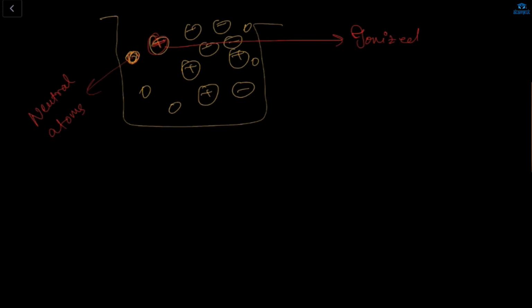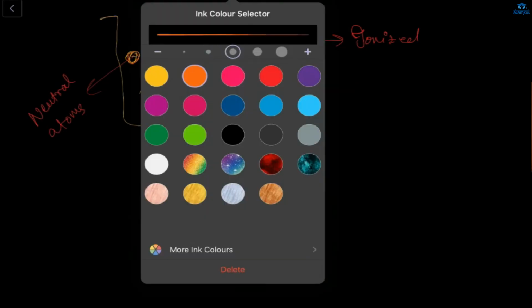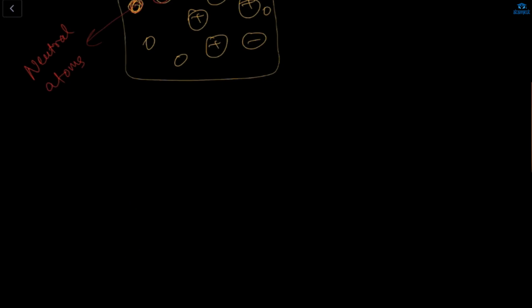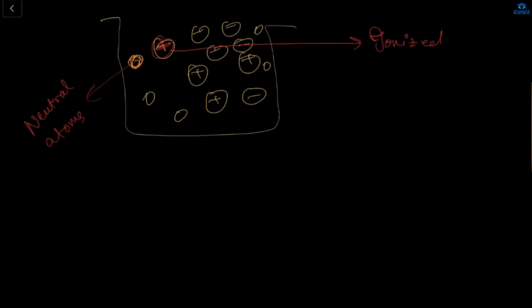So why are the positive ions and negative charges not equal here? Let's talk about this. It may happen that one atom produces or donates more than one electron. See, positive is how much? 1, 2, 3, and 4. Four positive charges, and negative charges are 1, 2, 3, 4, and 5. Five negative charges. Why are they not equal?